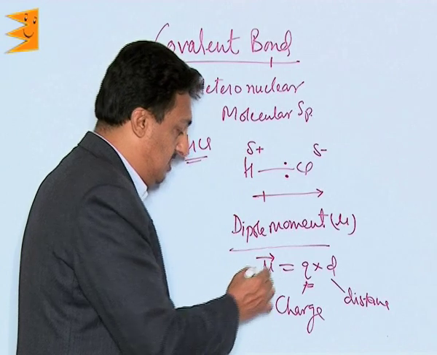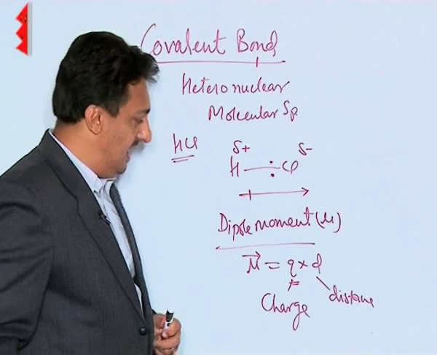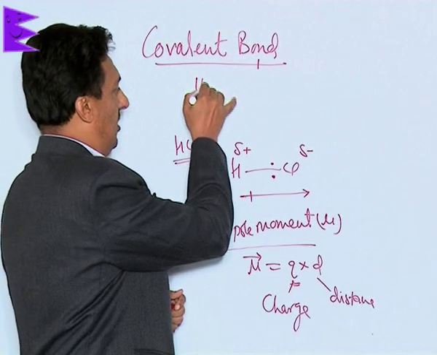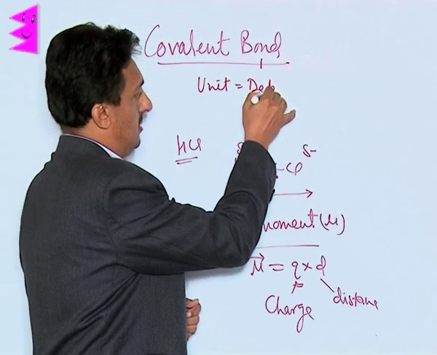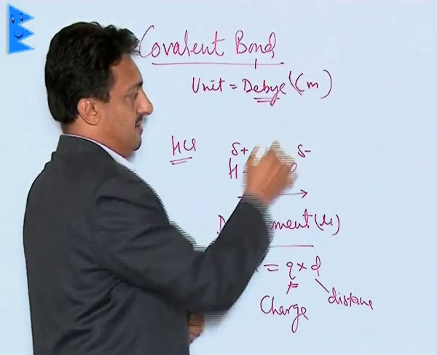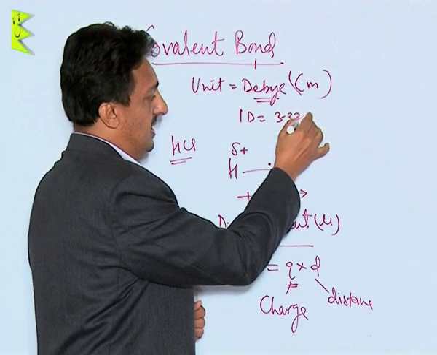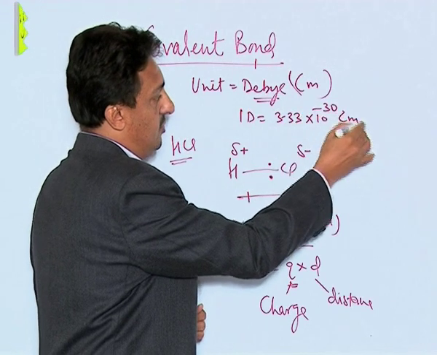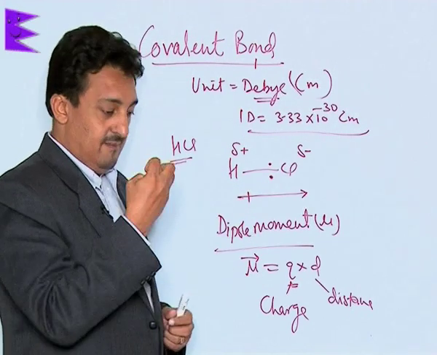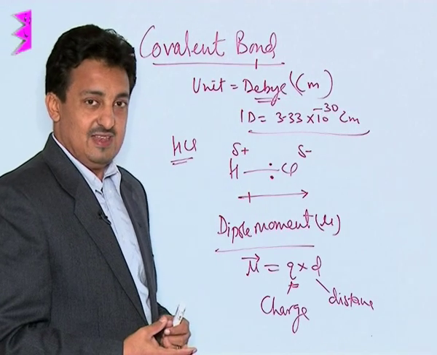Remember, this mu is a vector quantity, and this dipole moment usually has a unit called Debye, which is expressed in coulomb meter. Now 1 Debye is equal to 3.33 into 10 to the power minus 30 coulomb meter. With the help of this dipole moment, we can find out the exact polarity in the molecule and the bond, or the percentage of polar character in the bond.